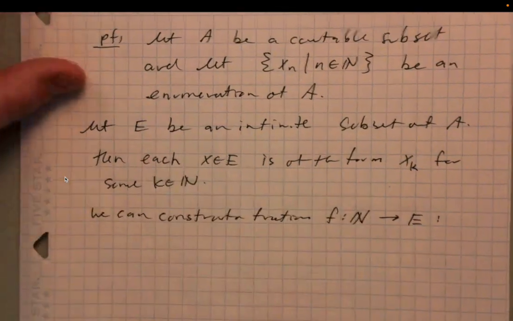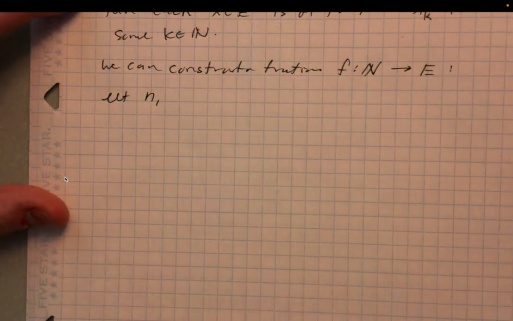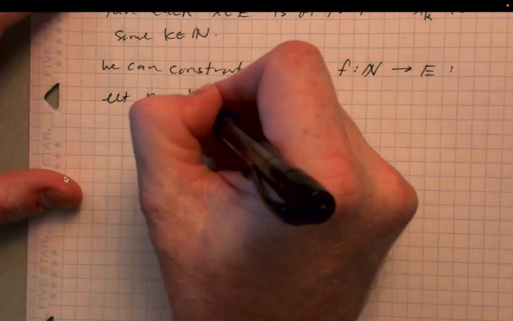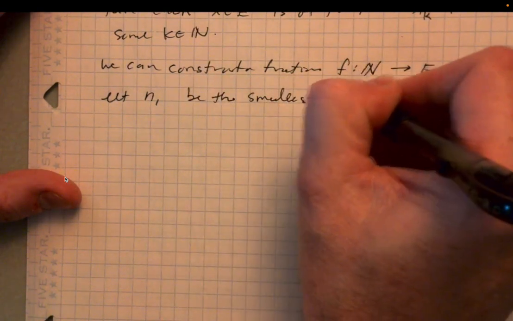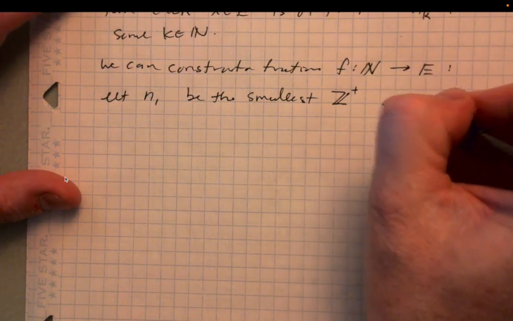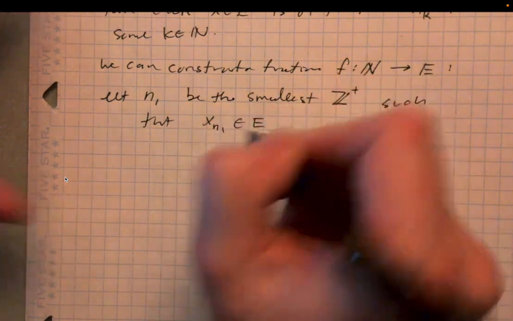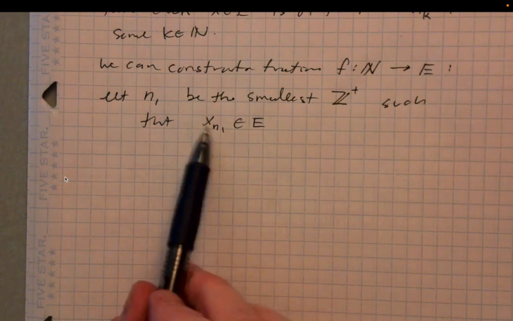Okay, and how are we going to do that? Well, we're going to start by letting n sub 1 be the smallest positive integer such that x sub n1 is an element of E. We have this enumeration, and so we just go through, we start with x sub 1, and if it's in E, then we call that x of n sub 1.